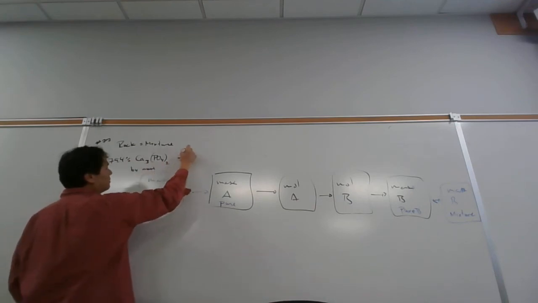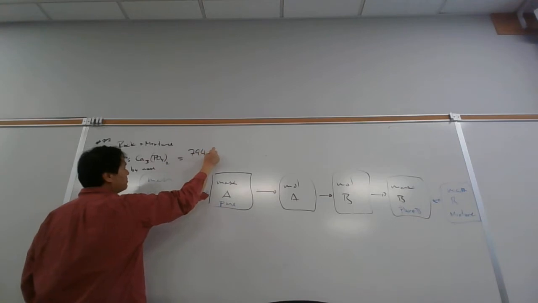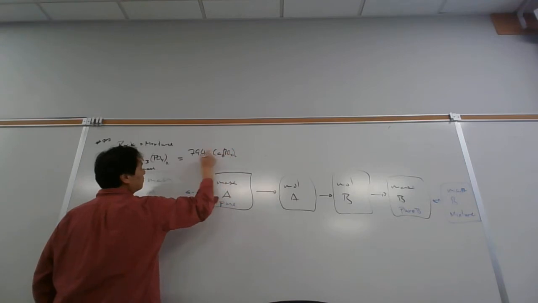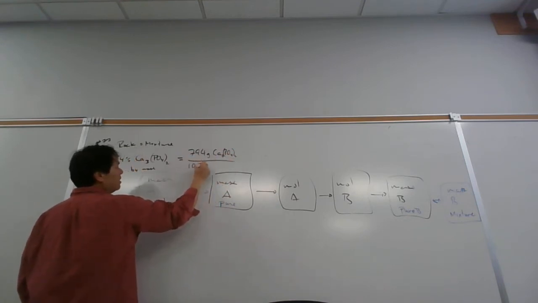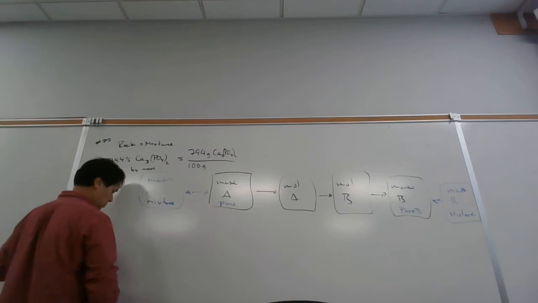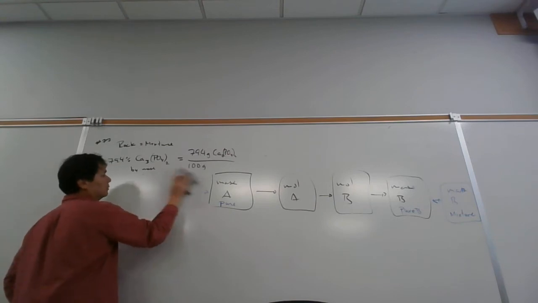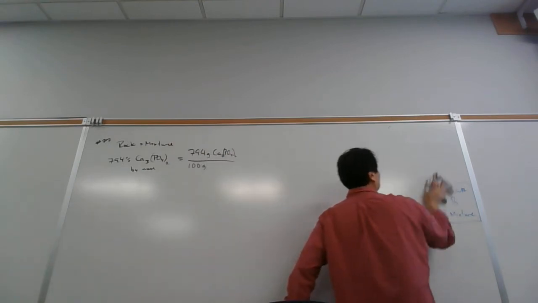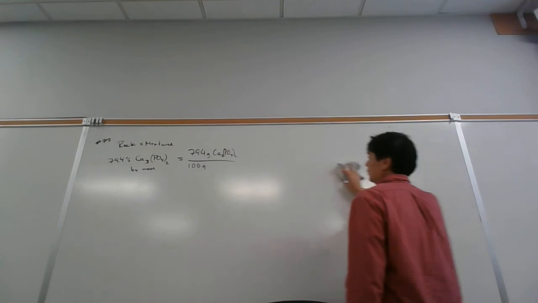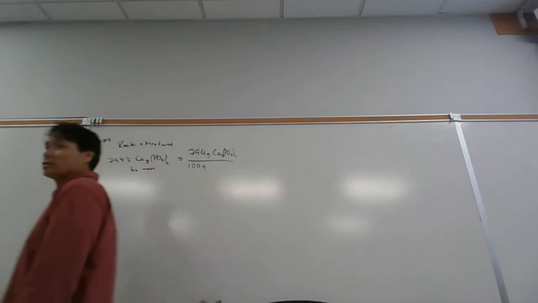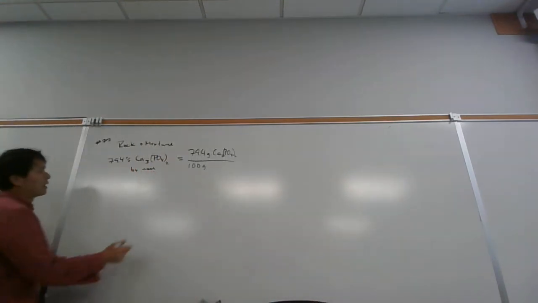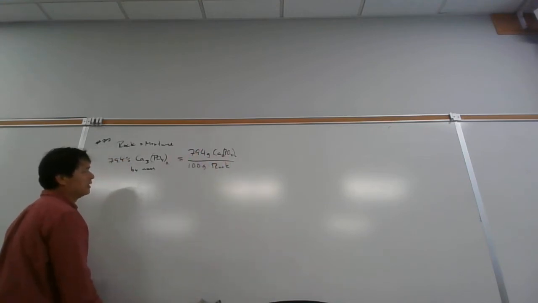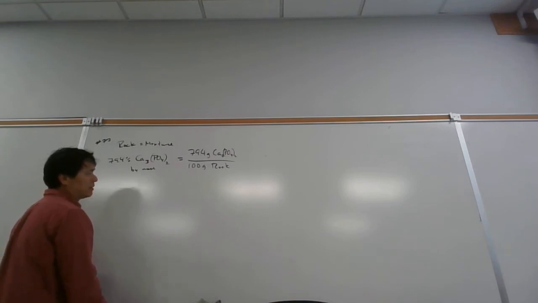And so what this means is I'm going to have 79.4 grams of pure calcium phosphate for every 100 grams of what? Of mixture. But this mixture we call rock. So for every 100 grams of rock, I'll have 79.4 grams of calcium phosphate and like 20.6 grams of other stuff.